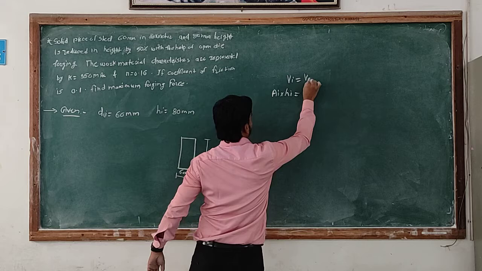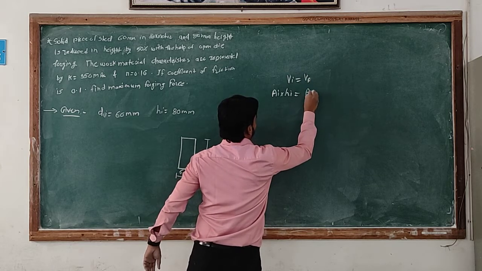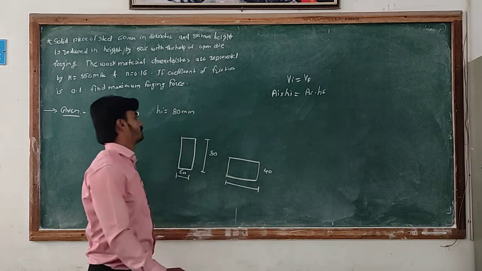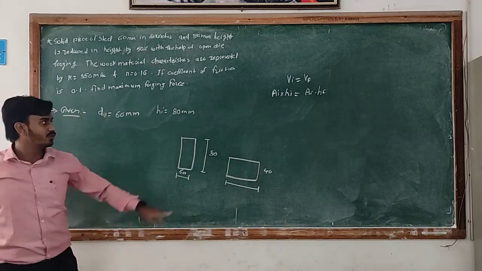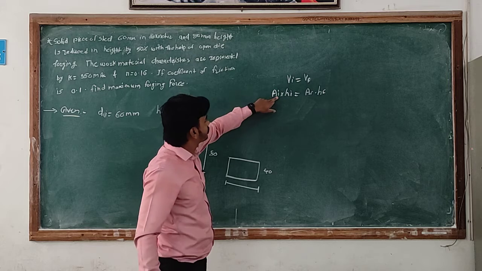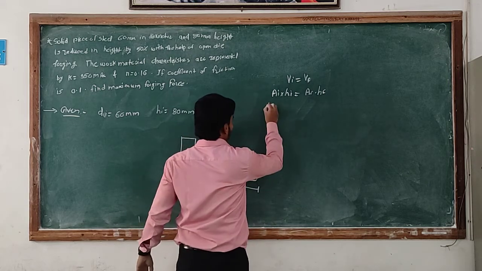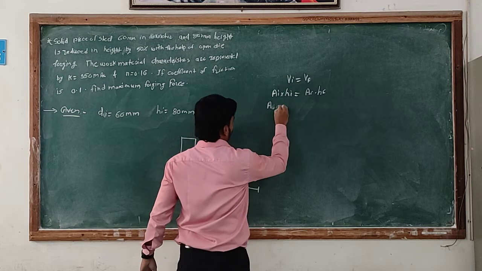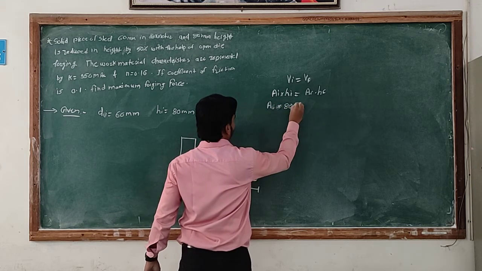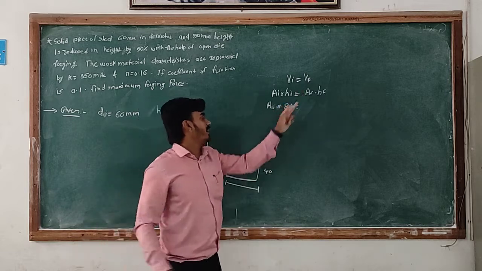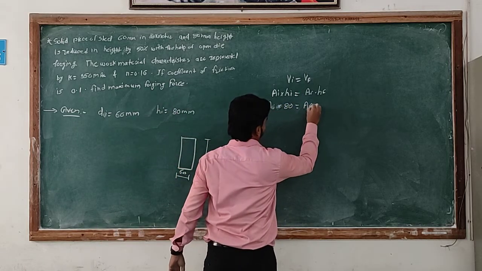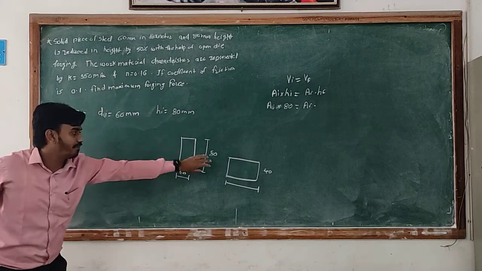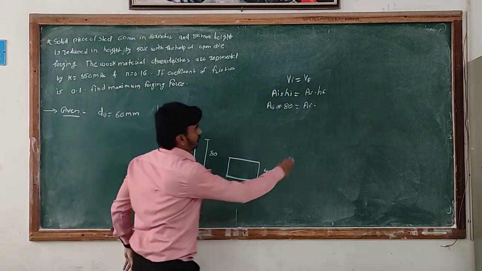final area into final height. We keep the initial area as it is, with the initial height Hi equal to 80. The final area is AF and the final height is reduced by 50%, which means 50% of 80, that is 40.